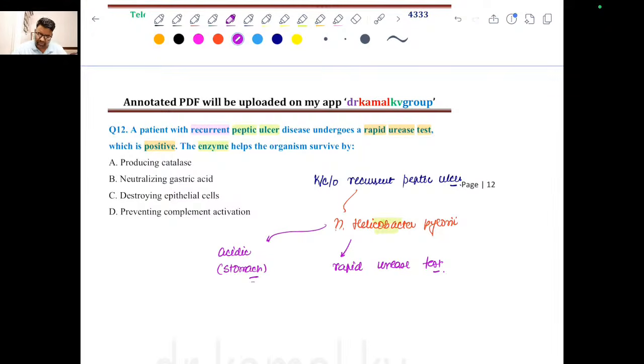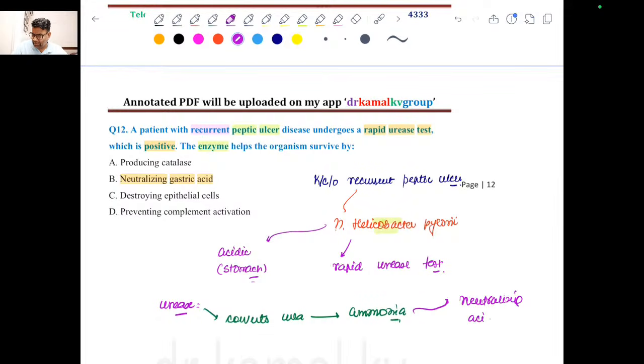So very good, very good. So what it does, it neutralizes the gastric acid, and this neutralization is done with the help of an enzyme, and that enzyme is urease. Clear? So urease converts urea to ammonia, and this helps in neutralizing acidity or acidic environment.